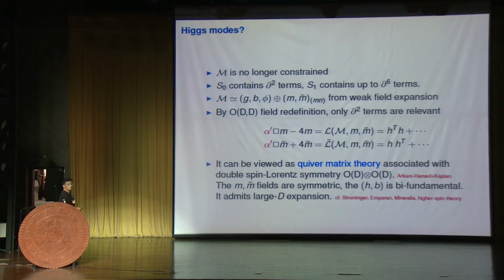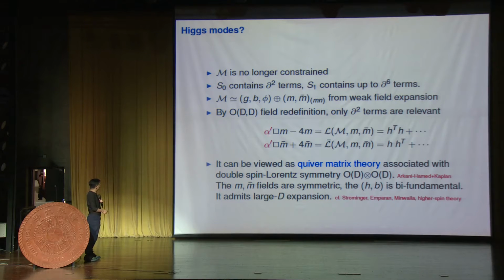Looking at the details, by expanding in small fields, what one finds is that at the level of the equation of motion, if I ignore these higher order corrections, then there are M and M bar fields, and these are just auxiliary non-dynamical fields, which are related to the small weak field metric and B field.